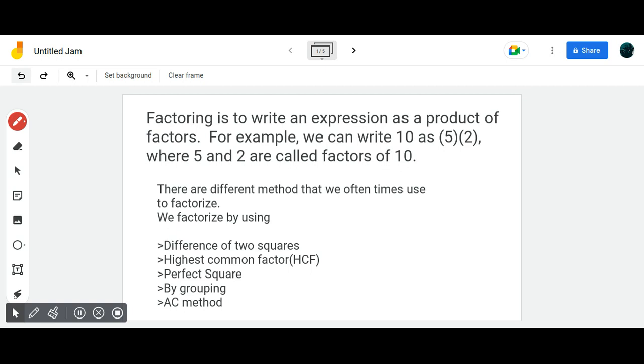So for example, where we have 10, we can write 10 in terms of its factors as 5 times 2. So factoring is to write an expression as a product of its factors. For example, we can write 10 as 5 times 2, where 5 and 2 are called factors of 10.